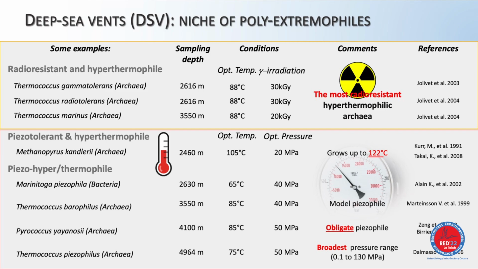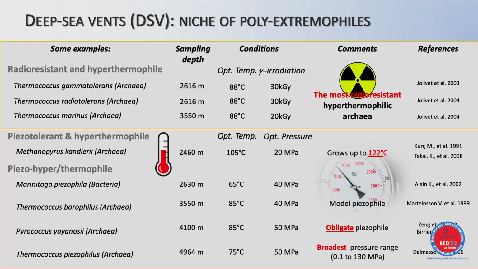Thermococcus barophilus is a model piezophile for microbiologists interested in deep sea vent microorganisms and high pressure conditions. Pyrococcus yayanosii, which I was talking about earlier, is an obligate piezophile, and recently the strain Thermococcus piezophilus has the broadest pressure range, so it can grow from ambient pressure to 130 MPa.